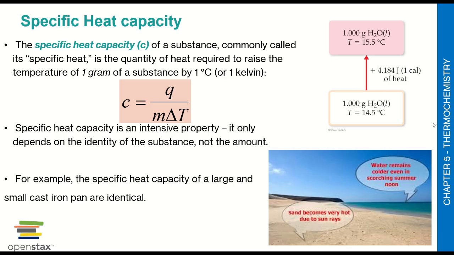So in this case, it doesn't matter the quantity of the water. It can be in a swimming pool or it can be in a cup of water. If you both have water, the same substance, they will have the same specific heat capacity because we are dividing by the mass.